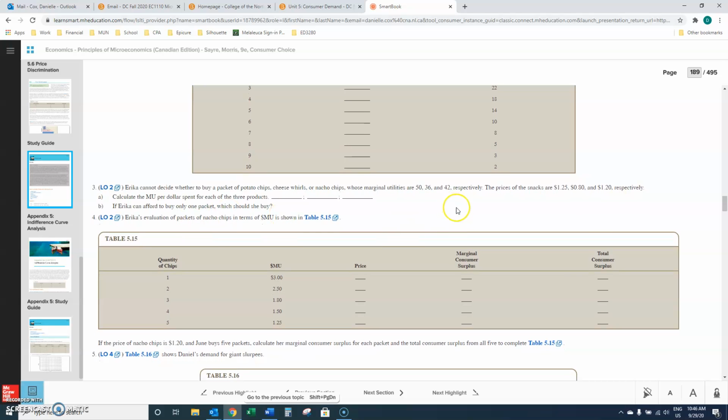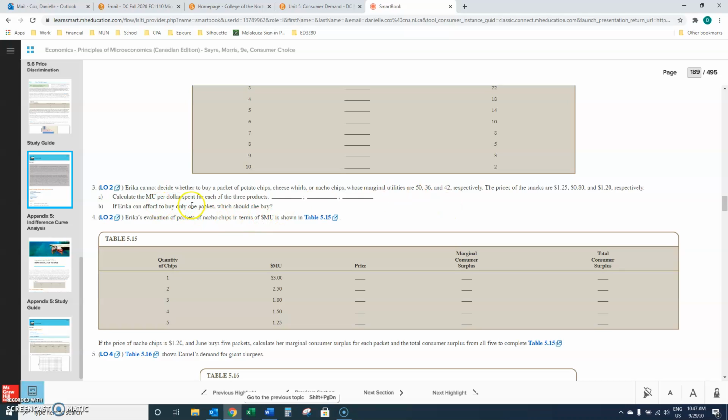Question 3. Erica cannot decide whether to buy a packet of potato chips, cheese whirls, or nacho chips, whose marginal utilities are 50, 36, and 42 respectively. The prices of the snacks are $1.25, 80 cents, and $1.20 respectively. So first we have to calculate the marginal utility per dollar spent for each of those 3 items.